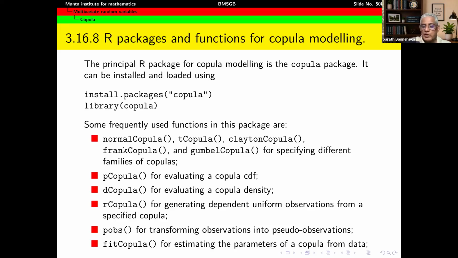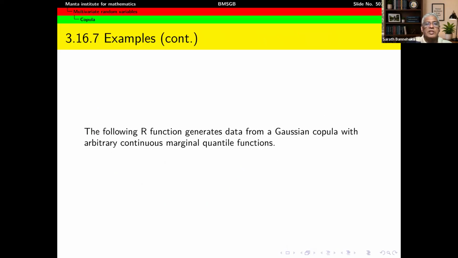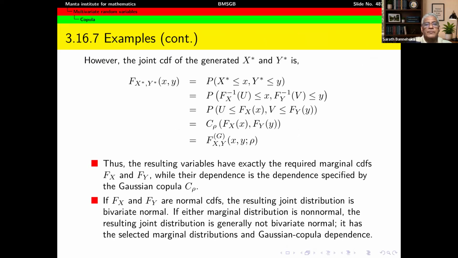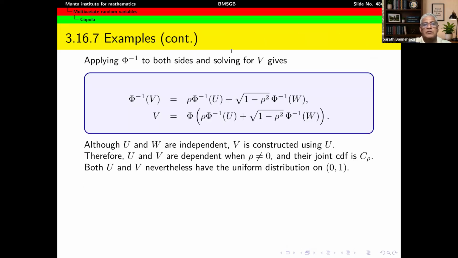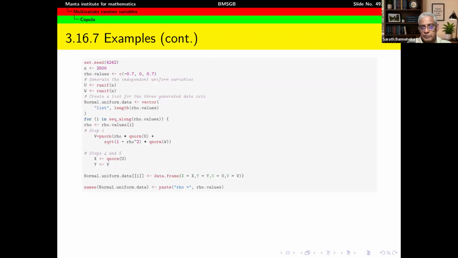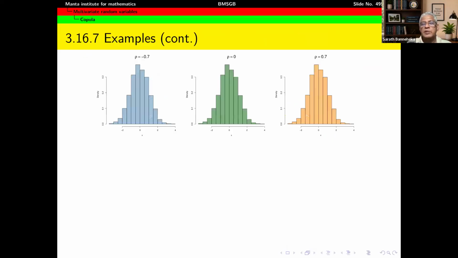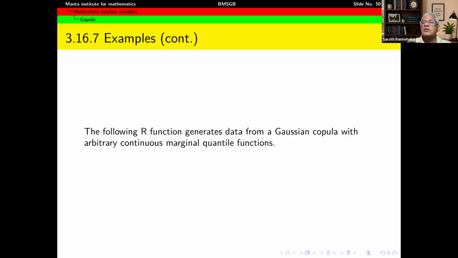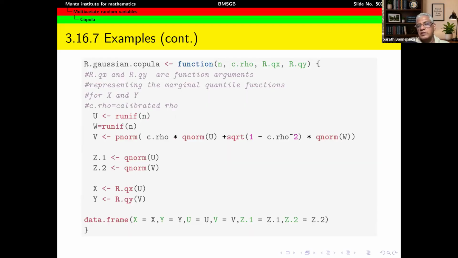For example, we don't have to derive expressions like this, where otherwise we'd have to get V in terms of U and W. Getting this kind of expression is not that easy. If we use the R functions available through the package called copula, then we can generate data much more easily.